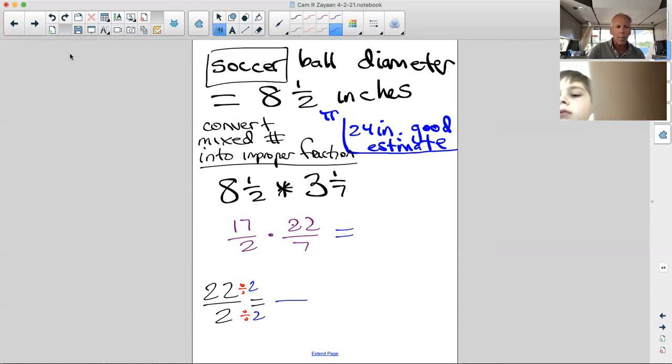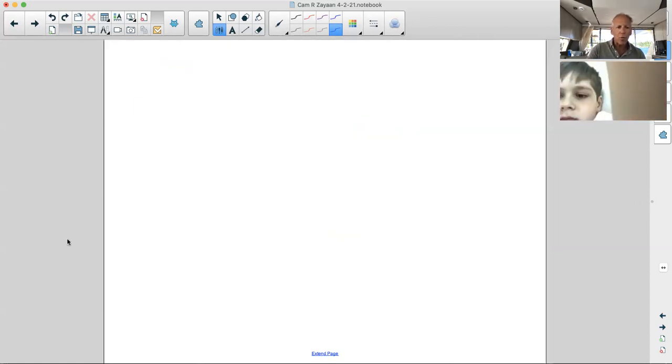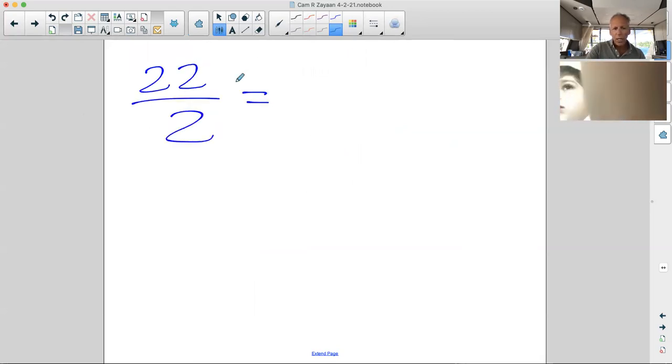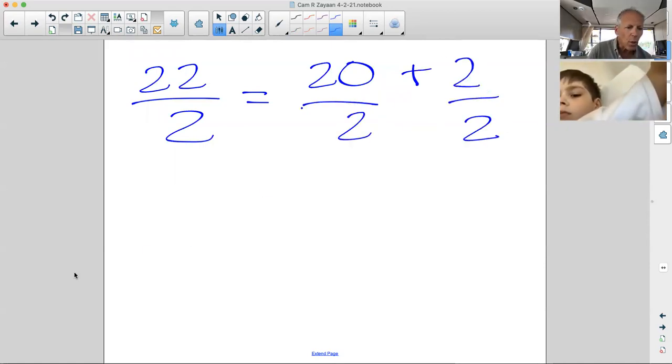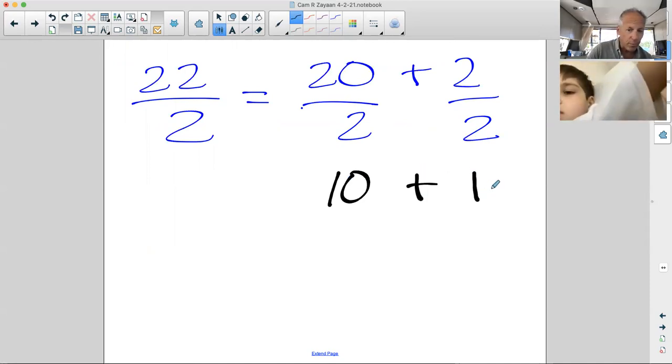Now look up, look up, look up. If you have 22 and I ask you what is half of 22, can't you just partition 22 to 20 plus 2? Take half of 20, take half of 2. What's half of 20? 10. What's half of 2? 1. 11.